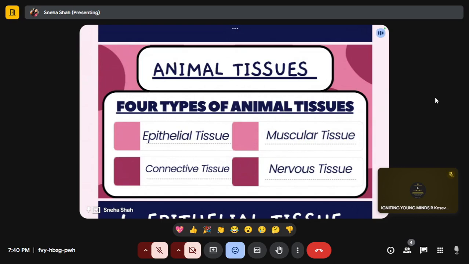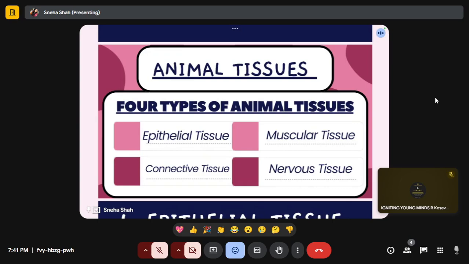So the tissue that covers the outer part of any organism is an epithelial tissue. Connective tissue, what connects various parts or organs of a body. Muscular tissue, the tissue that is present in the muscles of an animal or any living organism apart from plants. They are muscular tissue. And nervous tissue. Nervous tissue is responsible for efficient working of the nervous system, that is control and coordination.